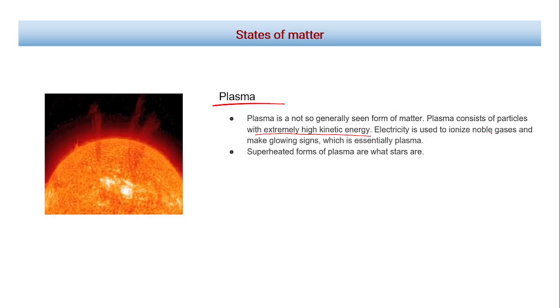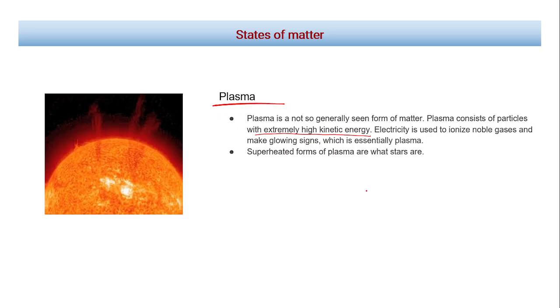Electricity is used to ionize noble gas and make glowing signs, which is essentially plasma. One place you get to see it is in scientific labs. In my lab, we have equipment called magnetron sputtering, if anybody knows.